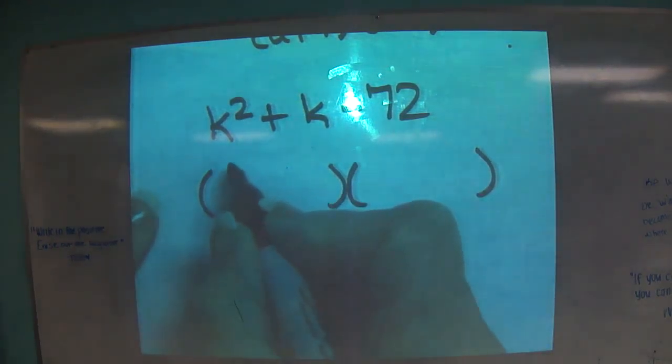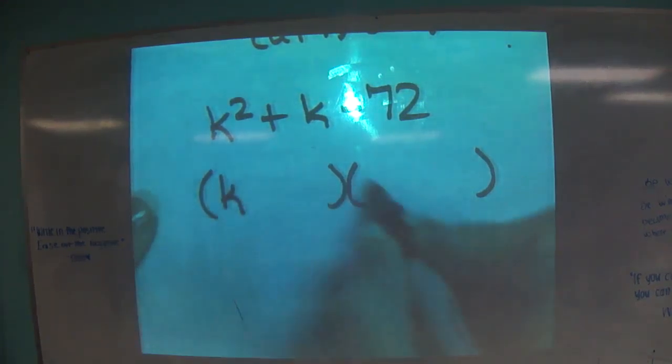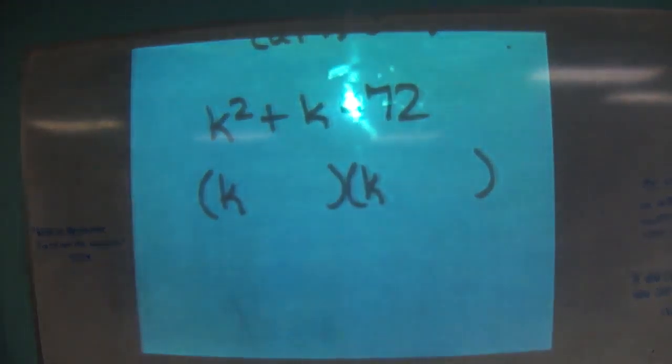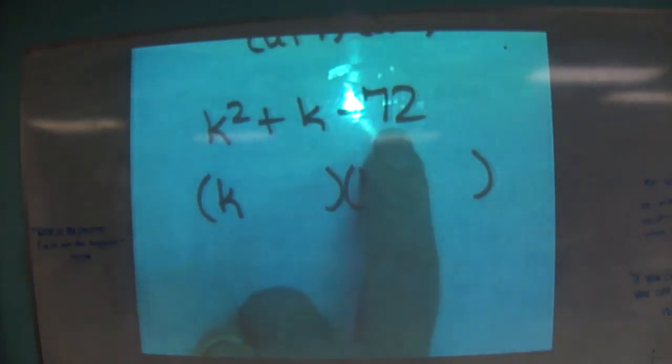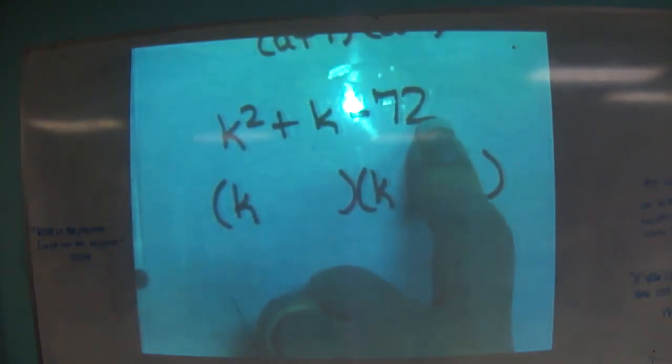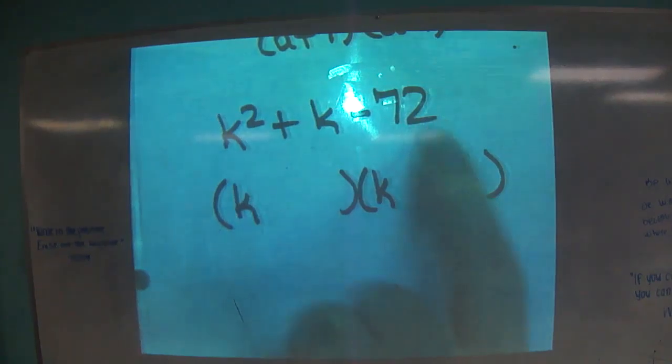What makes k squared? What makes k to the second power? K times k. All right, in order to get a negative 72, what do you have to multiply? Because we know we're going to multiply something, right? You need a positive and a negative.